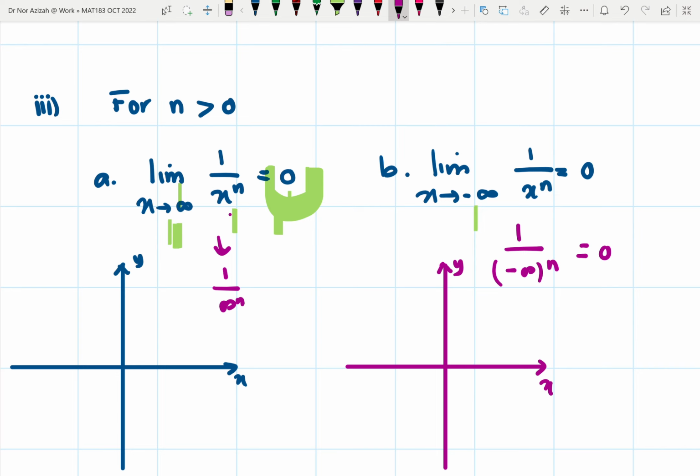So what you can conclude from this property? 1 divided by the biggest number, the answer is 0. Substitute first. I already reminded you before, you just replace first and try to simplify. If you got the answer, that means that's the answer. But if you got 0 over 0, 1 over 0, that one you need to do something to simplify and then find the answer.